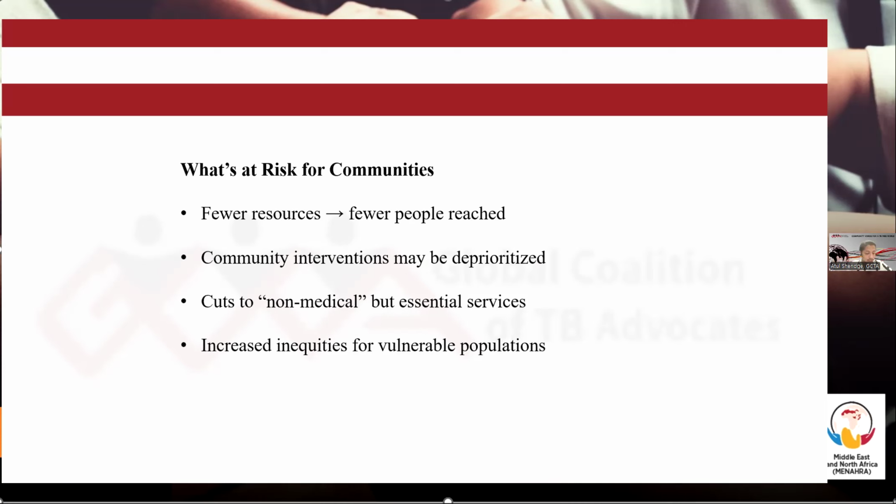We know that millions of people with TB are still not diagnosed or treated each year, and for drug-resistant TB, less than half of those who need treatment actually receive it. So in this constrained environment, the gaps could widen, and there is a real risk that community interventions, programs, and human rights work may be deprioritized because they are not seen as the immediate ones that medically need more attention. But from our experience, these are exactly the interventions that determine whether people have access in the first place.